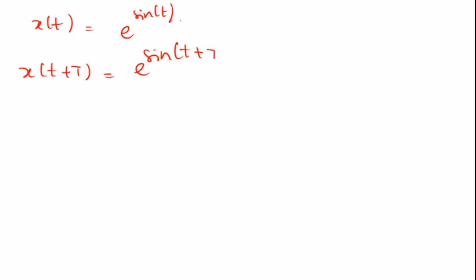Next problem, x of t is equal to e power sin of t. Then x of t plus T is equal to e power sin of t plus T, which is equal to e power sin t, which is equal to x of t.